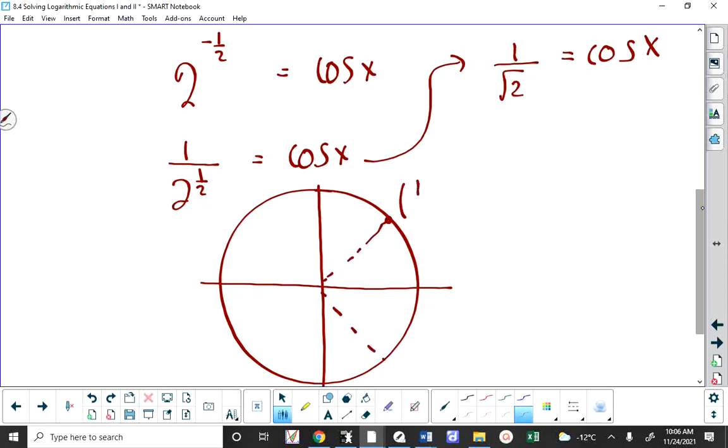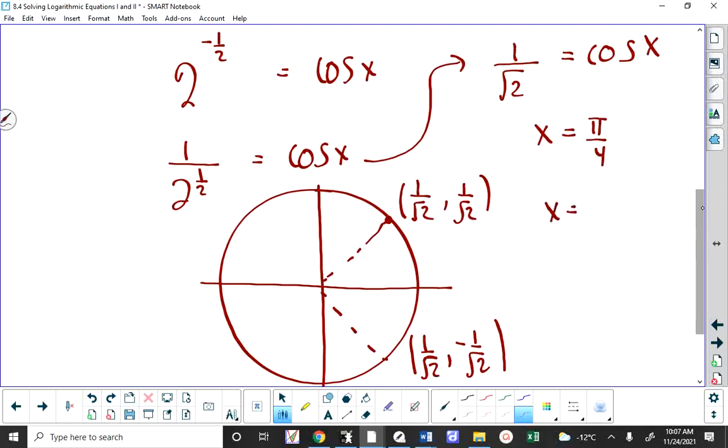Right here, this is 1 over root 2. This is 1 over root 2. So is the y-coordinate, 1 over root 2 and negative 1 over root 2. But I really don't care about that. I'm interested in the x-coordinate, which means x is pi over 4.